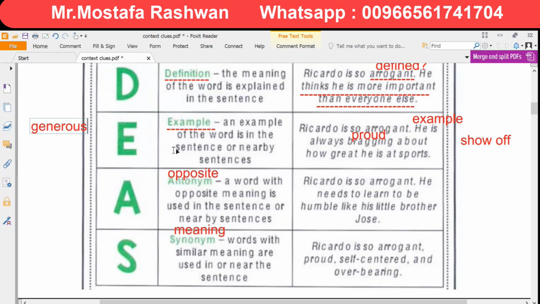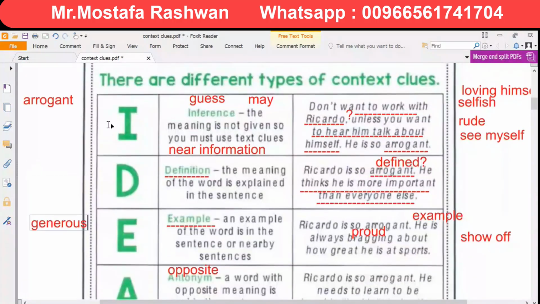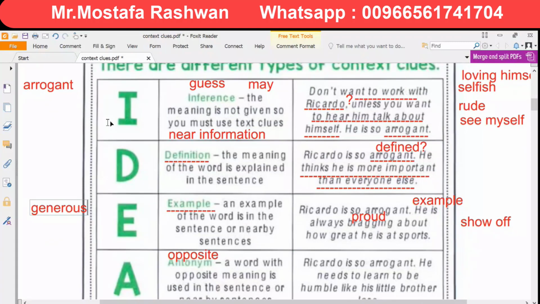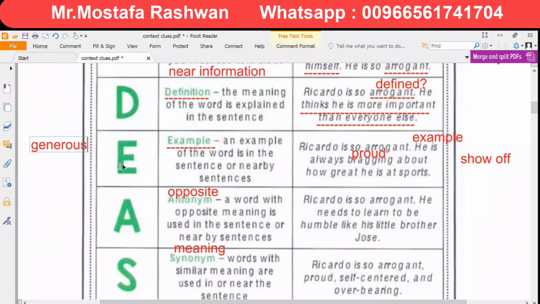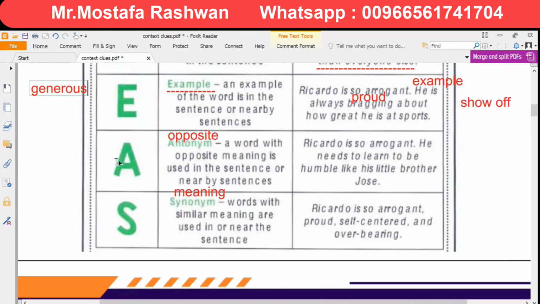So until now we studied three techniques. Number one, the inference technique. Number two, definition. Number three, giving examples. The last two techniques are contrast. Sometimes writers give you antonyms, and we mentioned antonyms mean what? Words that have opposite meanings.